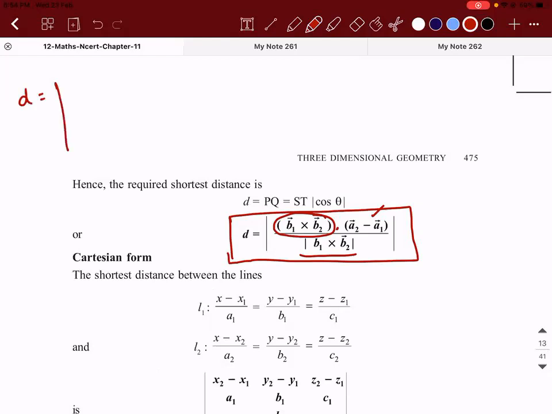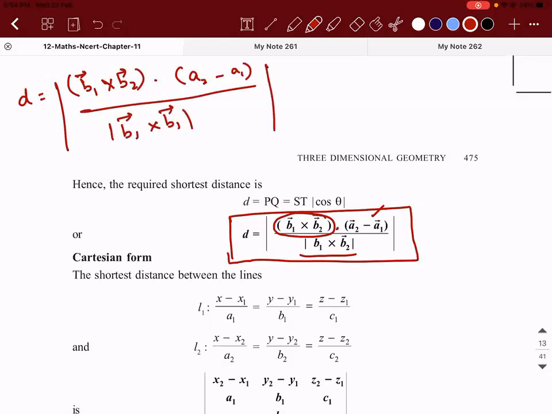Why magnitude? Because distance can't be negative. So you do the dot product of B1 cross B2 with A2 minus A1 and divide it by the magnitude of the cross product of B1 and B2. This is what you're supposed to do.